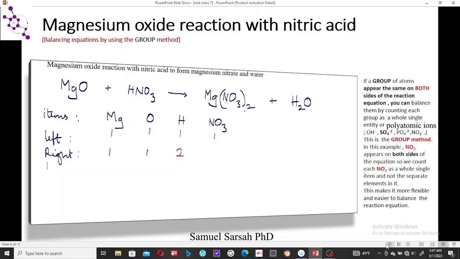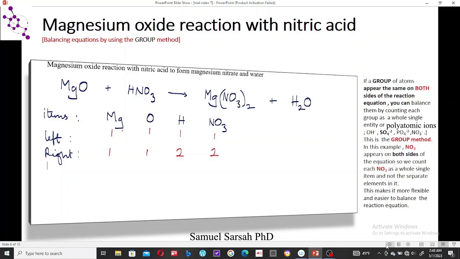Now the NO3s, we have two because they are in brackets, two outside, so we have two, that is this. So using this group method, it makes the balancing much easier.